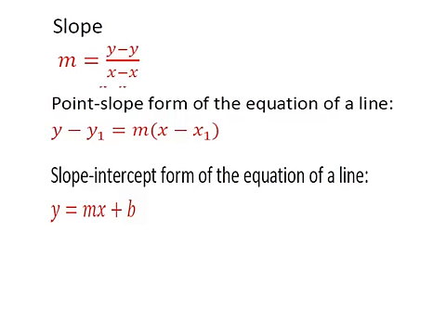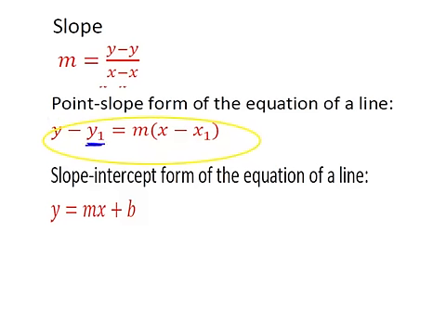In this video, we are going to concentrate on how to write equations of lines. We have two formulas that we can use in order to write equations. We have the point slope formula, which is y minus y sub 1.